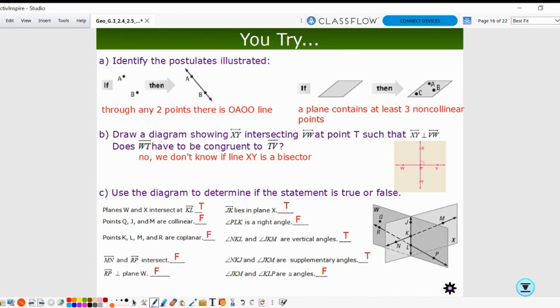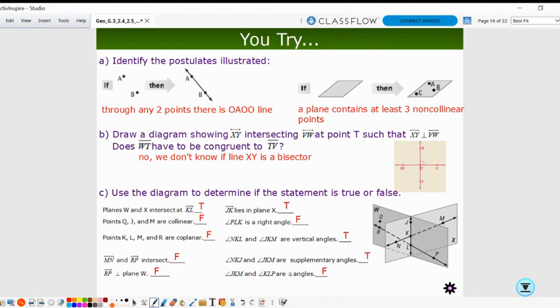Use your diagram to determine if the statement is true or false. Planes W and X intersect at line KL. They do. Points Q, J, and M are collinear. Nope.